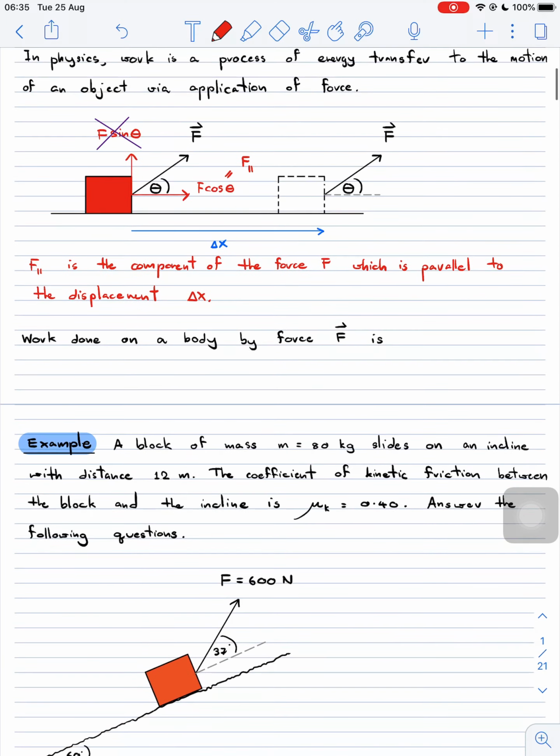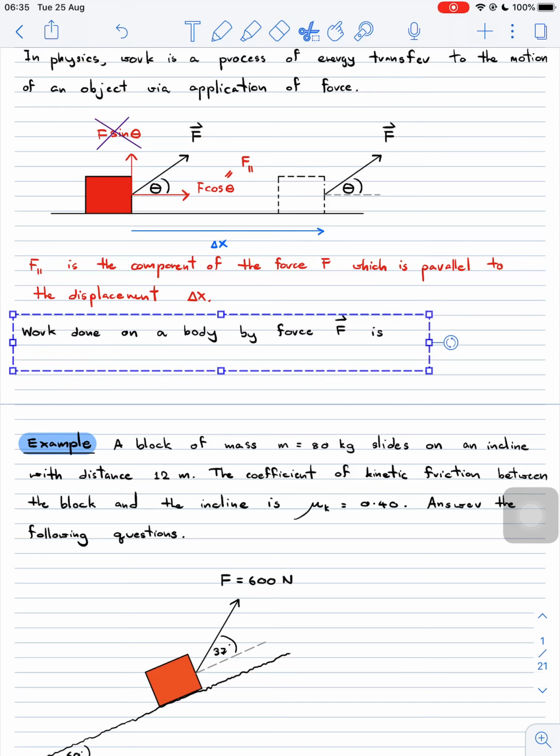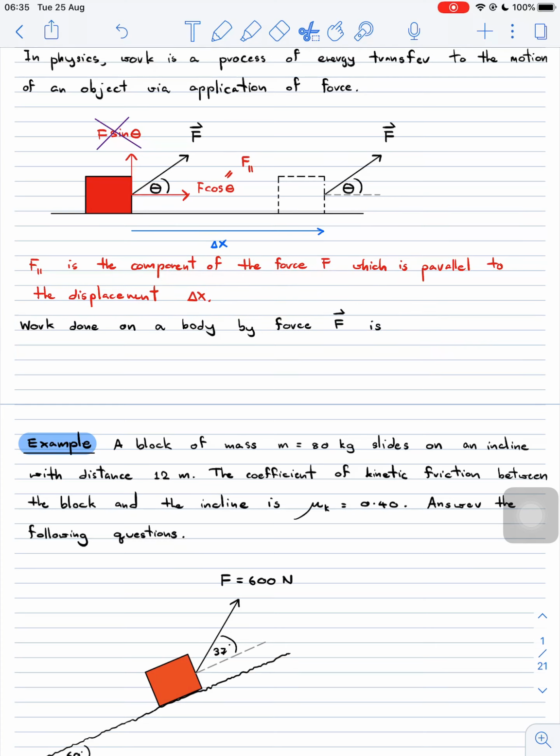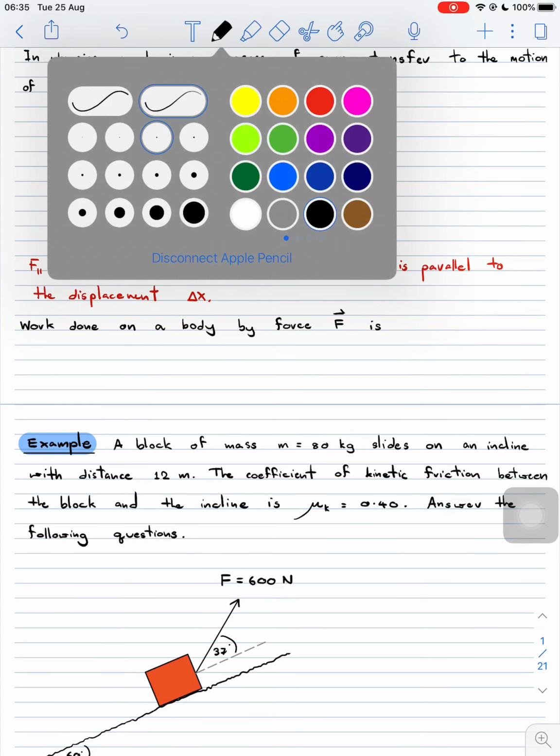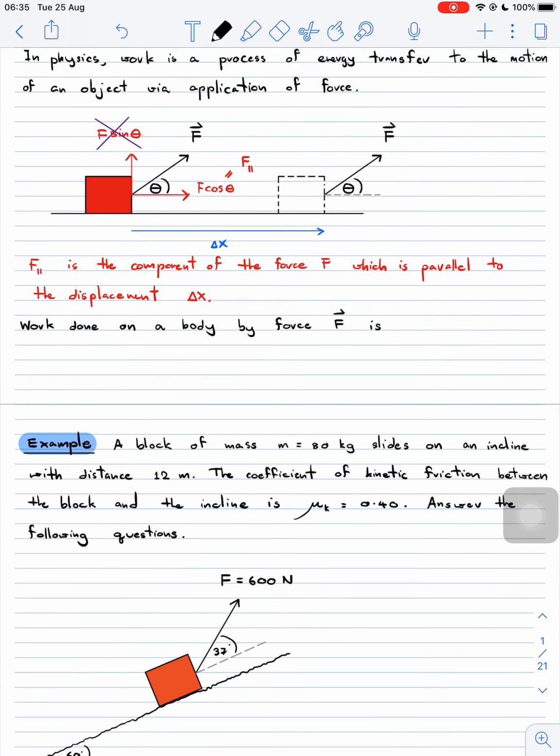Then we can see that the work done on a body by the force F is, when we talk about the work done, we should always think about the work done on which one and by which force.